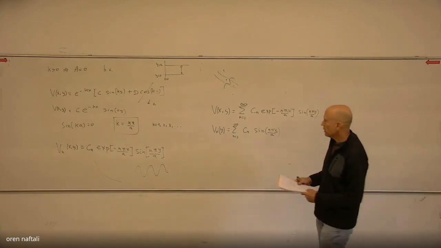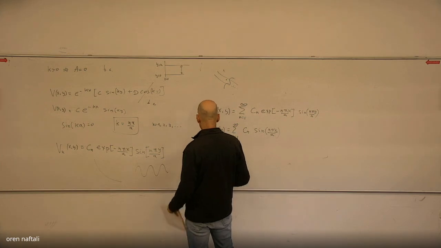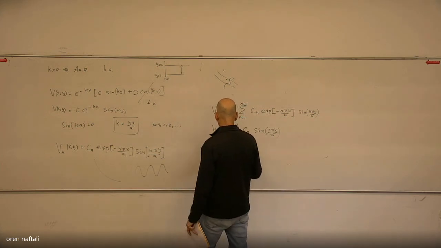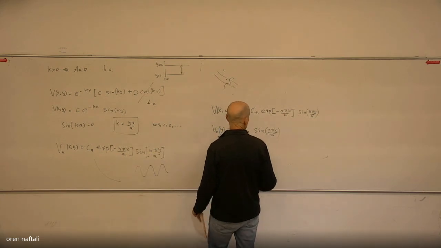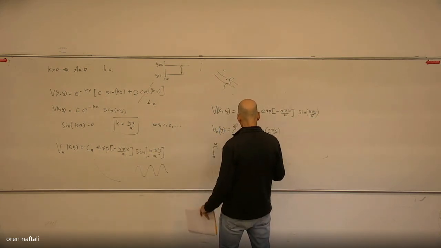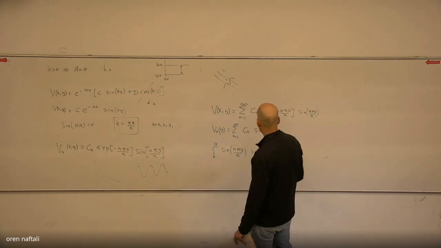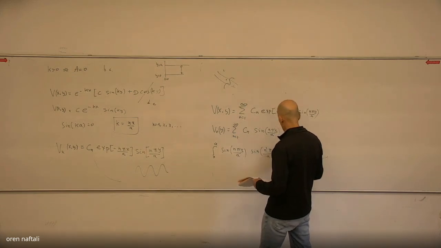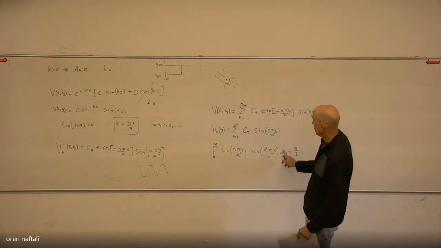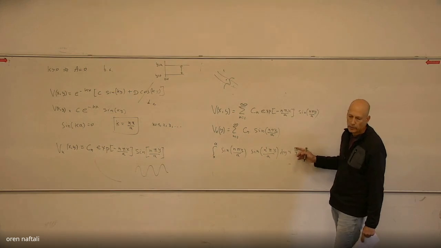What we are doing now is a very simple example, but it repeats itself in many, many other examples. The orthogonality is the following, in this case: the integral from 0 to a of sine of n pi y over a times sine of n prime pi y over a, where n and n prime are not the same, of course, dy is a over 2, times delta n n prime. The integral is defined by dy, and y has units, so it has to be a over something.